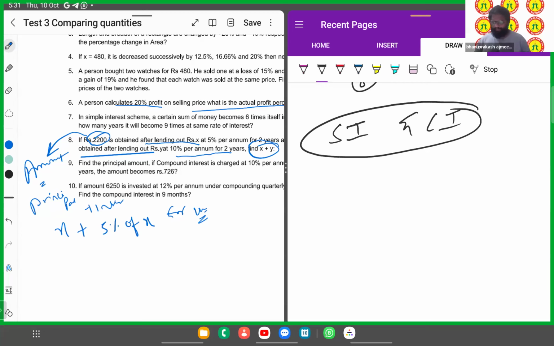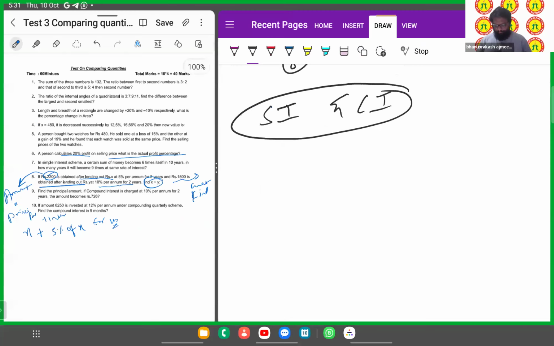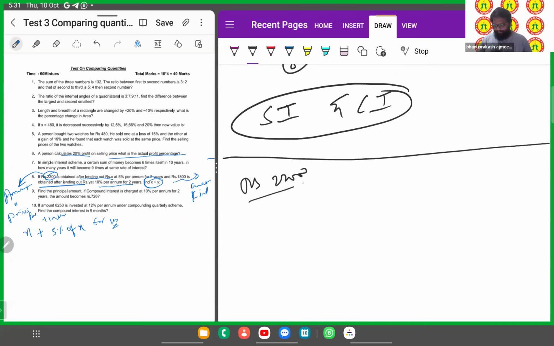Yeah, let's continue. So here if you see, rupees 2200 is obtained at 5% per annum, and it is saying for 2 years.